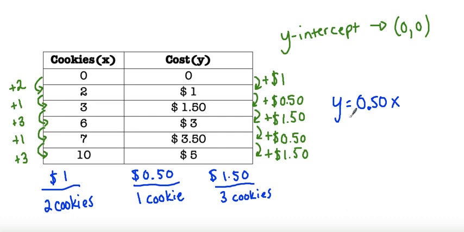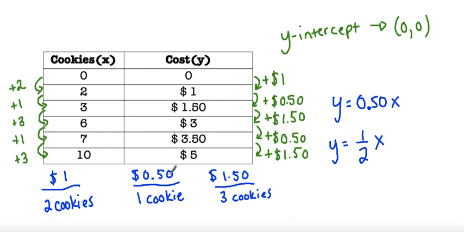And here what this says is that our cost is 50 cents per cookie, or you could write it as y equals 1 over 2, so a half x. So we know that 0.50 and a half are the same thing. But also notice here our rates. So we have $1 over 2 cookies, which is the same thing as 1 over 2.